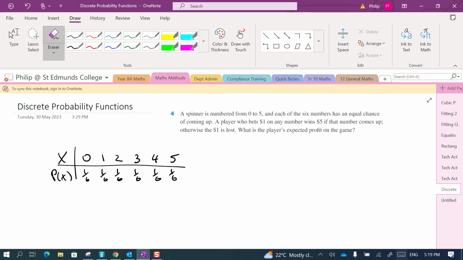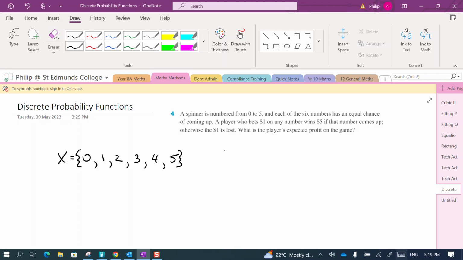So the player could bet on the number 0 or they could bet on the number 1. It becomes difficult to come up with. So we're better off thinking of this as a sample space. These are the 6 equally likely outcomes when we have a turn of a game.